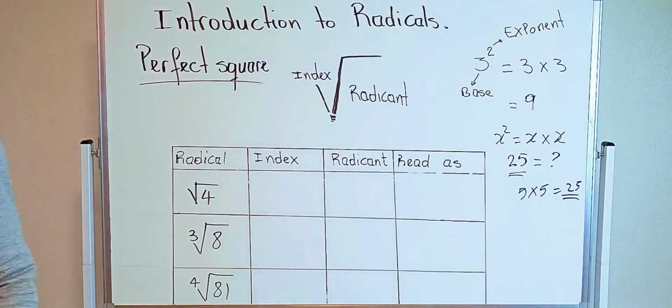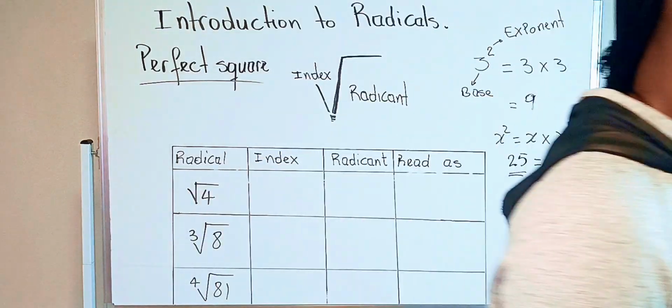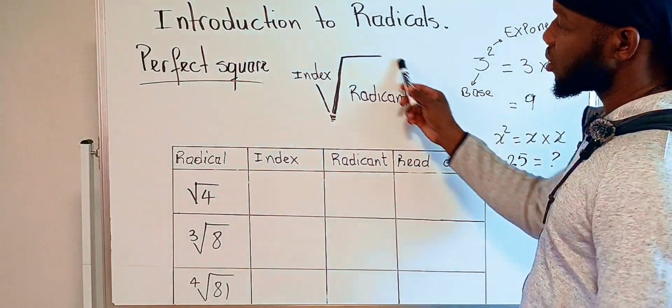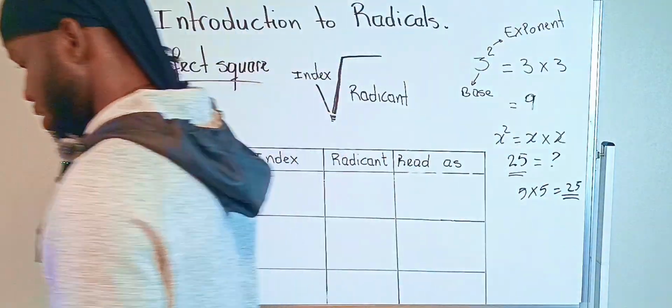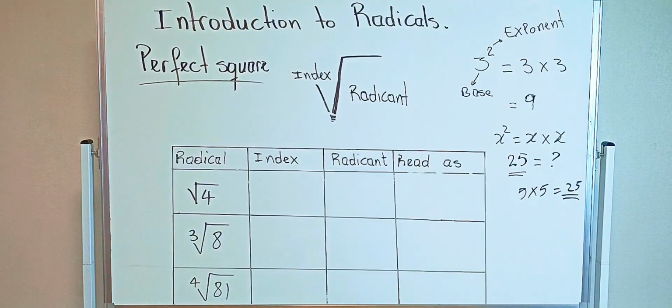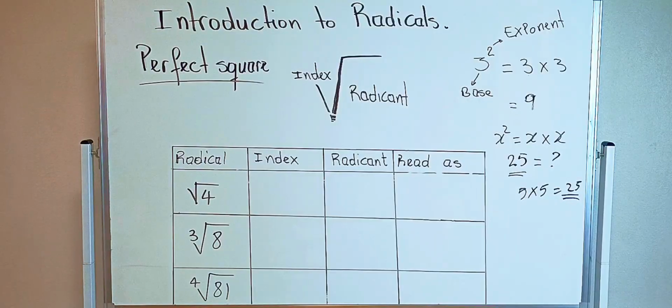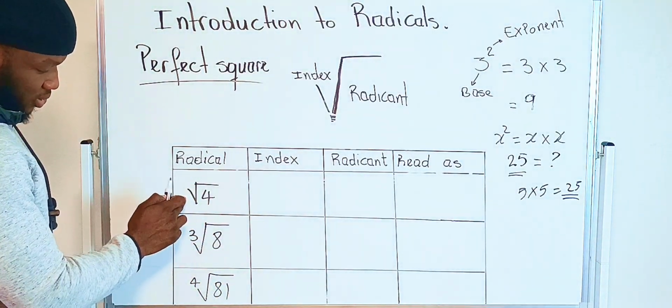So with that, guys, you can easily identify a perfect square since you know the definition. You already know about this one, so let's fill this table out real quick. We just have to identify the index over here.